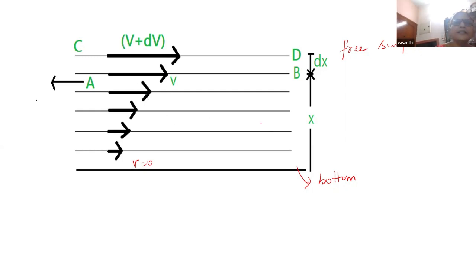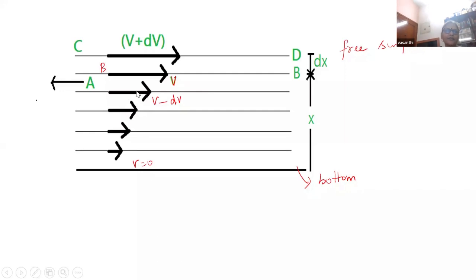If you consider this as V, the topmost layer is V plus dV. This will have a lesser velocity by dV. So now, if I name these A, B, C, and consider layer B, B is in contact with C and A. This B layer will be accelerated because of the C layer, and it will be decelerated because of the A layer, correct?